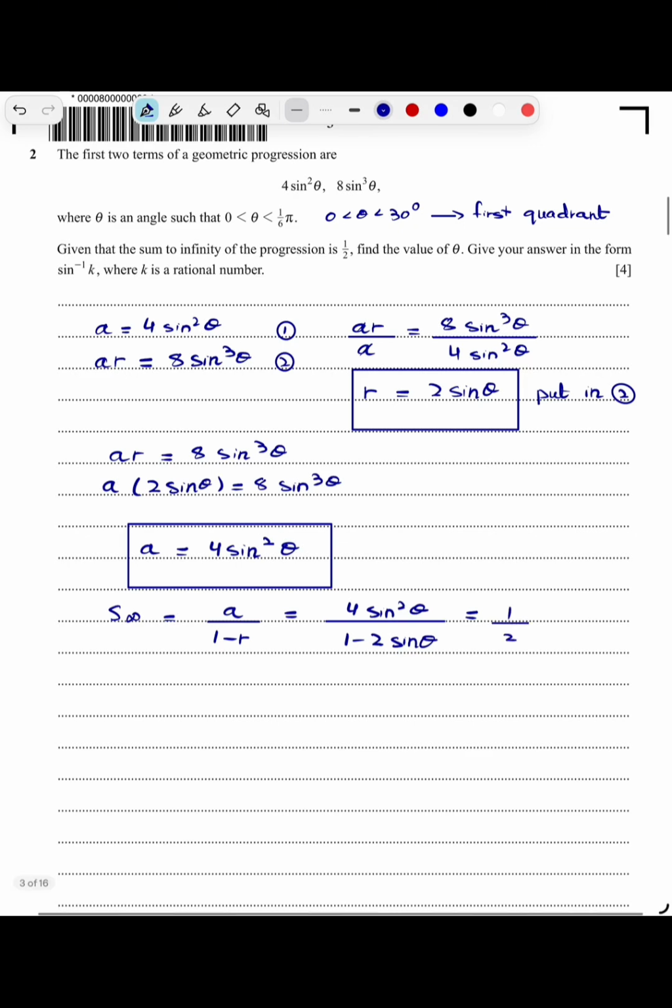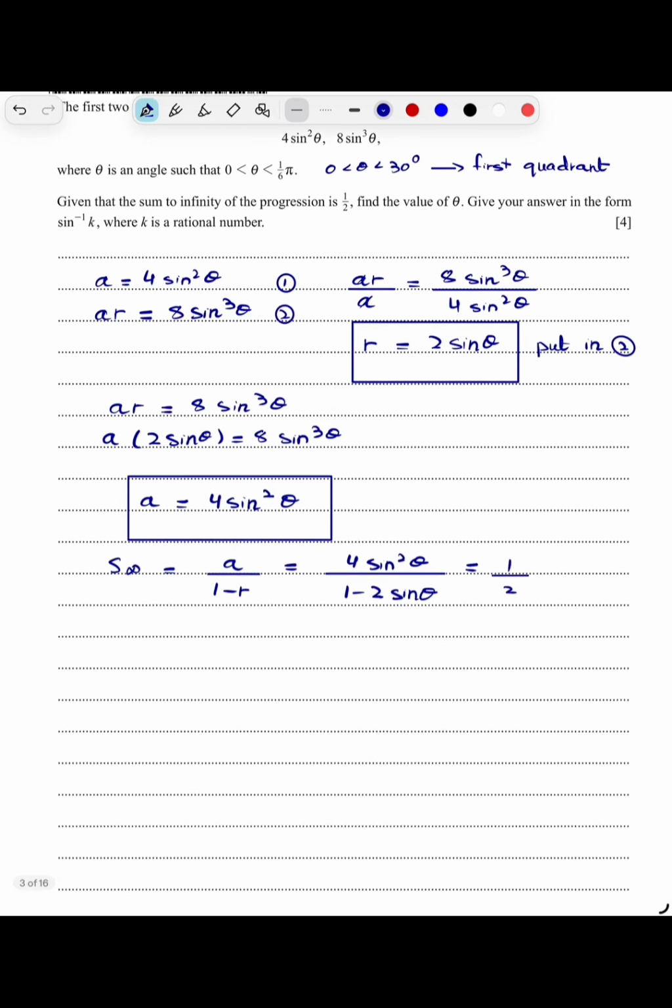Let's cross multiply. We'll get 8 sine square theta is equal to 1 minus 2 sine theta, and then 8 sine square theta plus 2 sine theta minus 1 is equal to 0.